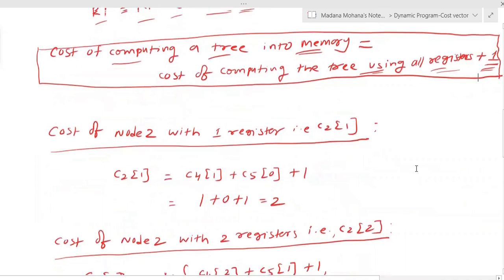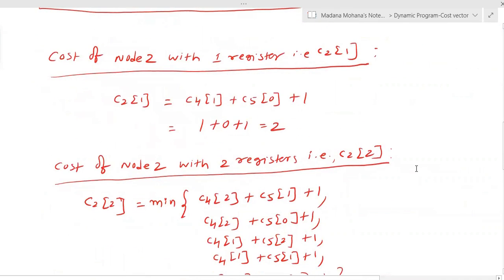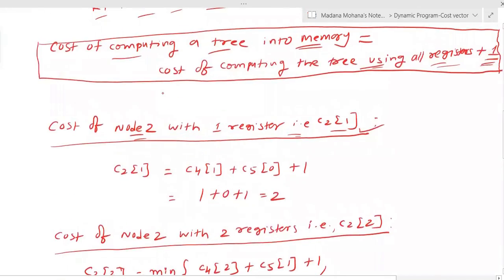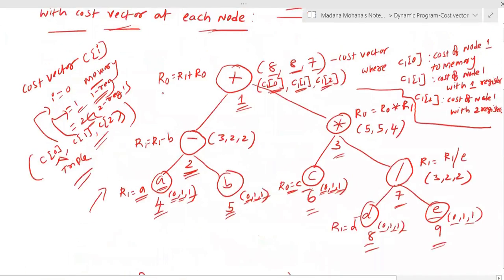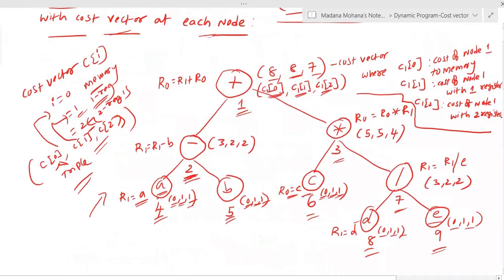Then cost of node 2, let us see here. Cost of node 2 with 1 register denoted with C2 of 1. So what are the children of the node 2? For node 2, A is one child, B is one child. That is 4 and 5. For 4, here it uses 1 register. Then B also has different memory, 1 register, 2 register combinations.